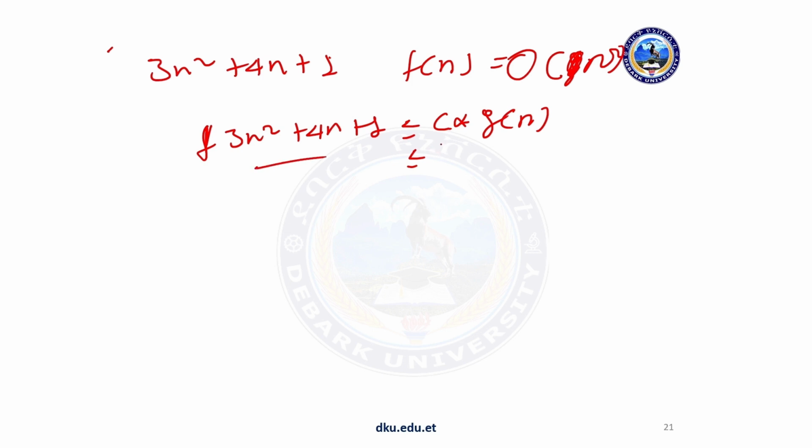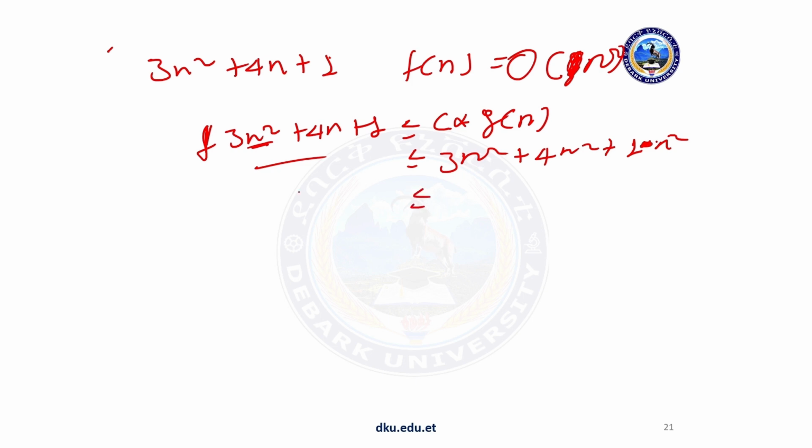To make it simple, we can use the constants and the highest power: 3n square plus 4n square plus 1n square. Actually, we have to use a single term here. We can't use multiple terms here. So we use n square only.